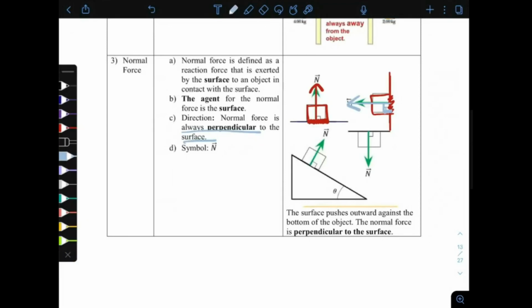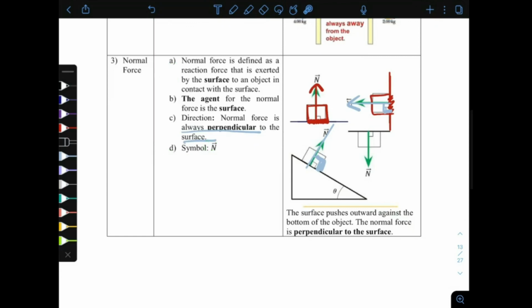Yang penting kamu punya vektor dekat sini iaitu normal force kamu kena sentiasa 90 darjah daripada permukaan. Kalau incline, this is how it looks like for your inclined plane. This is your incline. 90 degree from the inclined plane would be your normal force here. And we associate symbol N to represent the normal force.